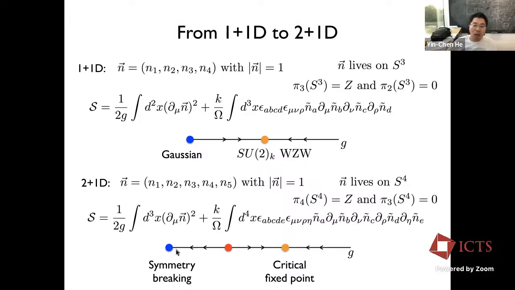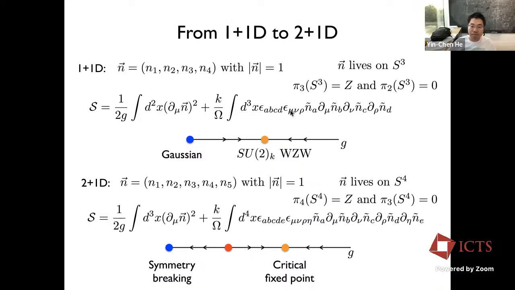But what we know from many similar examples is that if you increase the interaction, and the interaction strength hits some critical value, then you will have an order-disorder transition, as drawn here. After the order-disorder transition, the theory will flow to some disordered fixed point, and our conjecture is that this disordered fixed point will be a conformal fixed point. There are a number of arguments that convince us that it is a conformal fixed point.